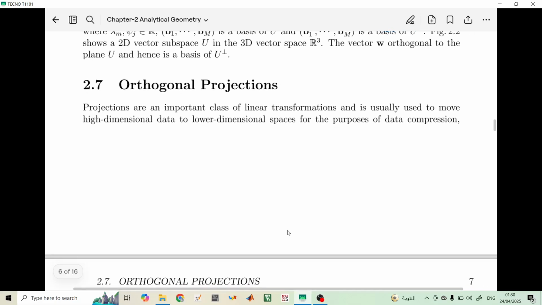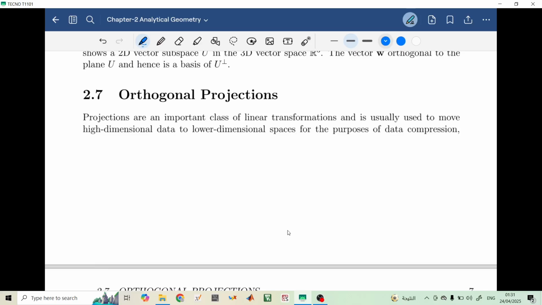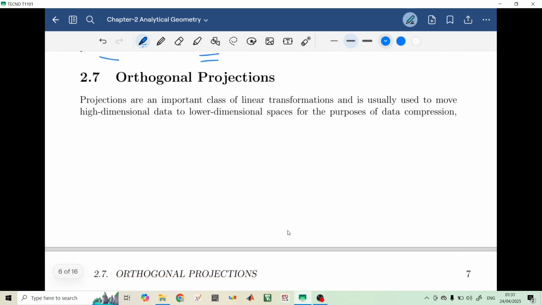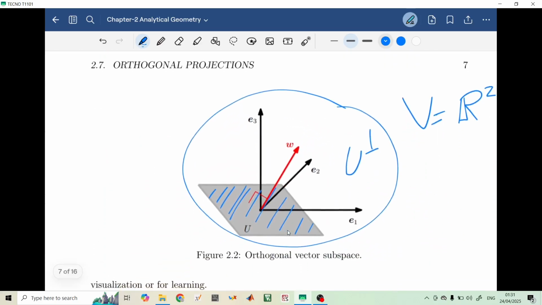Here, what do we gain from this decomposition into subspace U and its complement, the perpendicular subspace? I will say that any vector, say w, will have two components, one in U and another one in its complement. So this is the vector w.